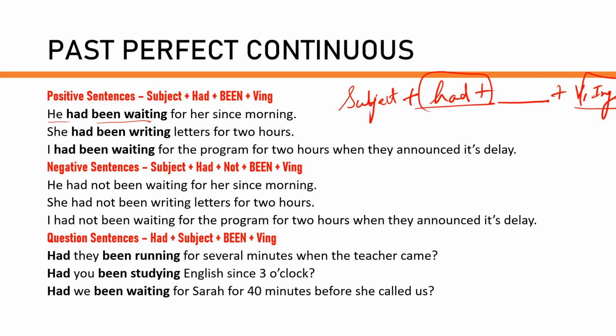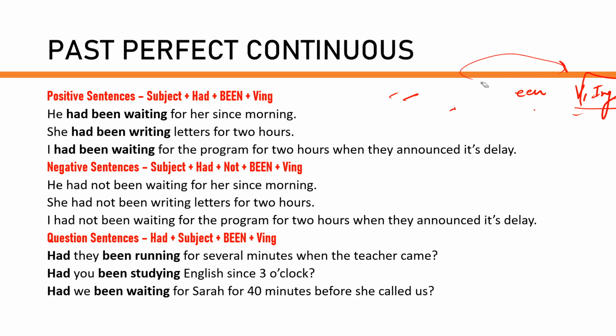ING लगेगा, कंटिन्यूस है क्योंकि. अब इन दोनों को साथ में जोड़ने के लिए क्या करते हैं हम, बीच में एक चीज़ लगाते हैं, उसका नाम है been, है ना? So remember this, पास्ट परफेक्ट कंटिन्यूस में क्या लगाते हैं? Subject had been verb plus ING. ओके.